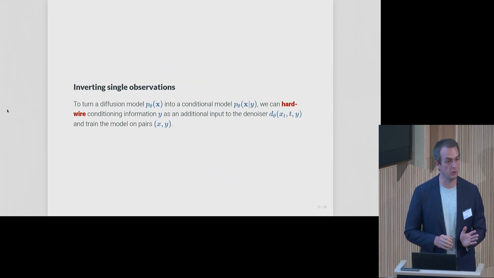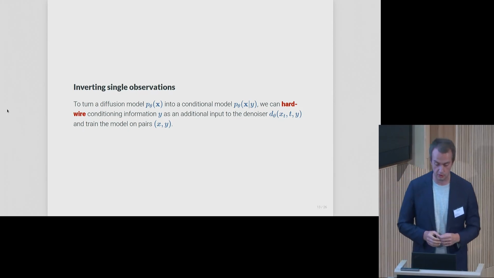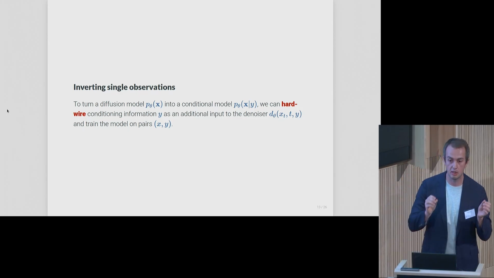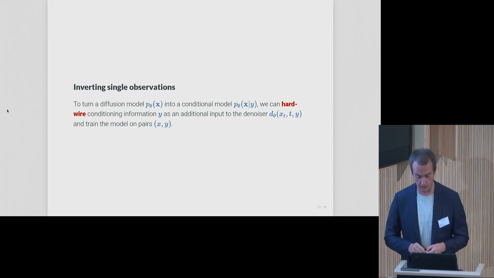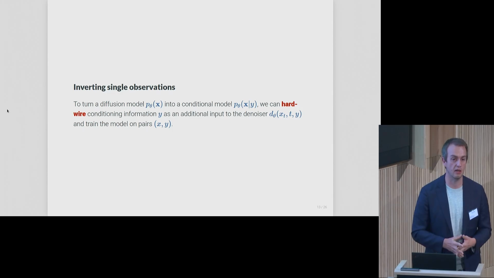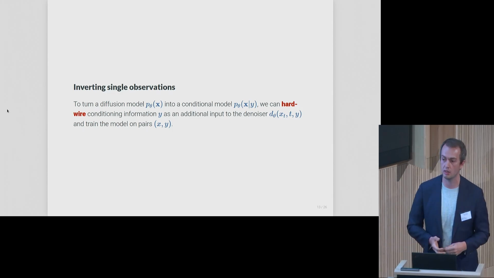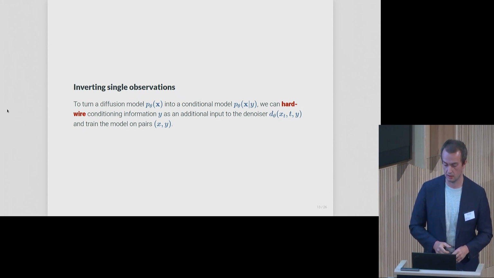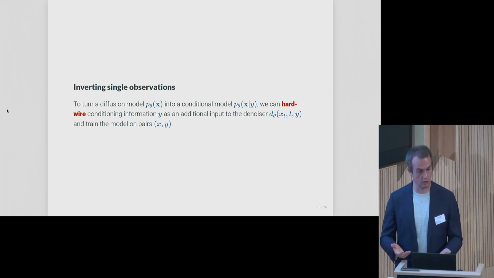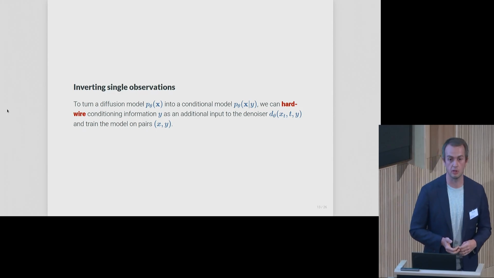This would work under the assumption, of course, that we have access to many pairs of states and outputs. But this is very often not the case. We may have data or latent state X on the one hand, we may have observation Y on the other hand, but we don't necessarily have paired data, or we don't know in advance what the observation model will be.